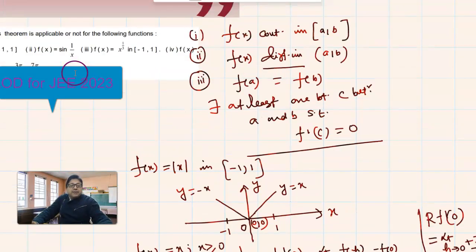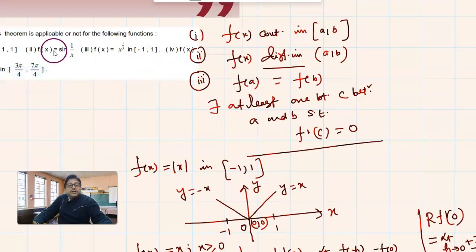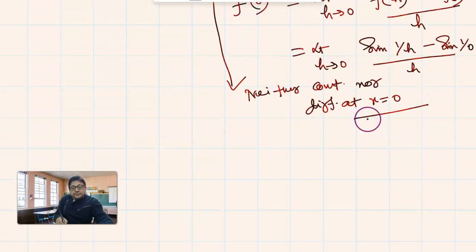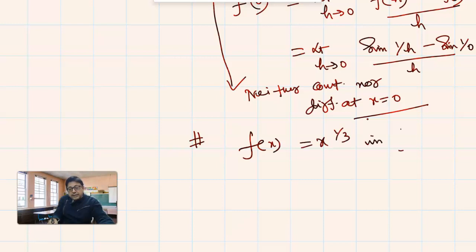Now let us see another one, f(x) equal to x to the power 1/3 in minus 1 to 1. What will happen for this function? Is Rolle's theorem applicable over there?